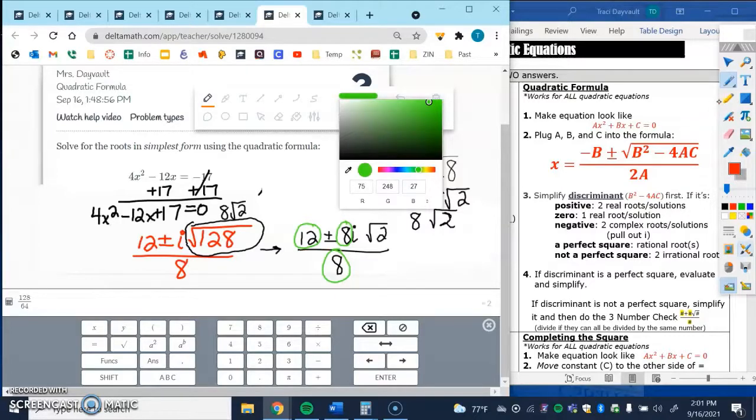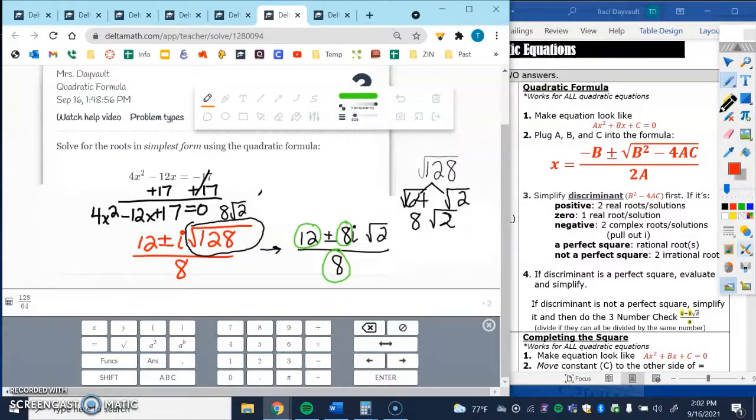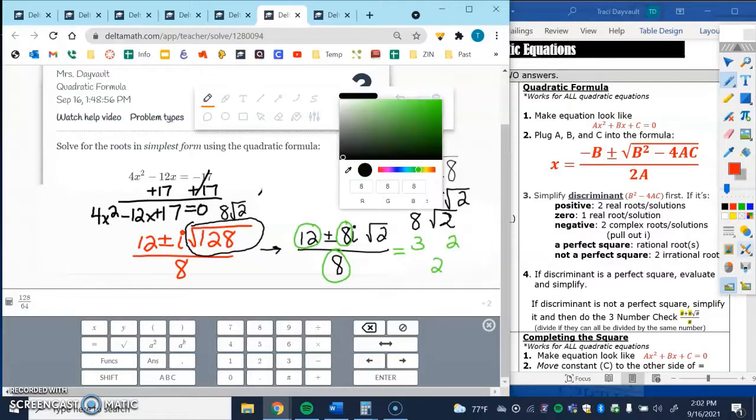They can all be divided by 4, I believe, is the largest number. So 12 divided by 4 is 3, 8 divided by 4 is 2, and 8 divided by 4 is 2. All right, so let's see what we get. We get 3 plus or minus 2i square root of 2 all over 2.